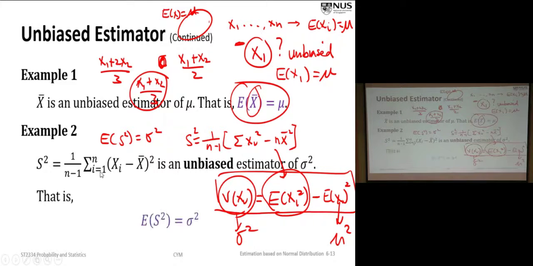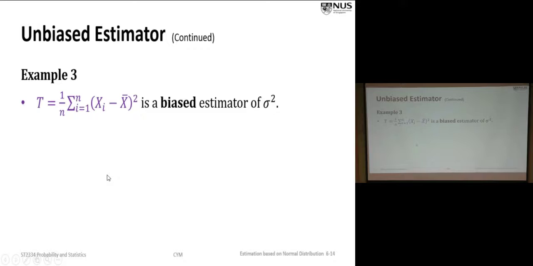Because of that, this quantity is an example of a biased estimator. I can show that the expectation of t defined here is equal to n minus 1 over n times sigma squared, which does not equal sigma squared.